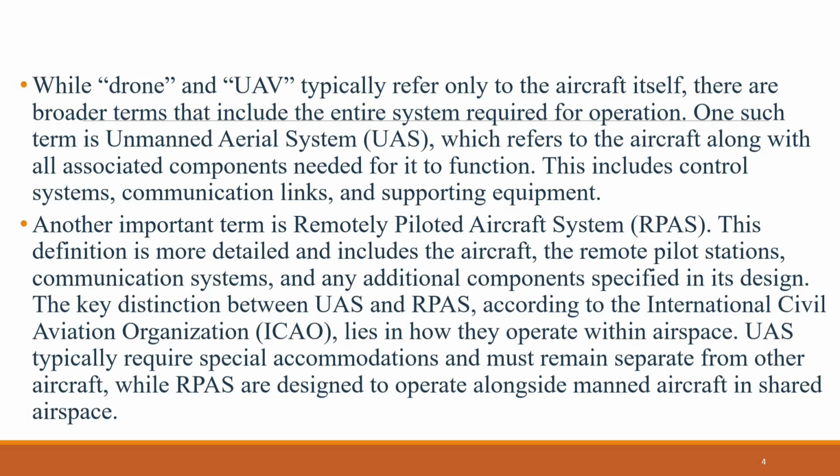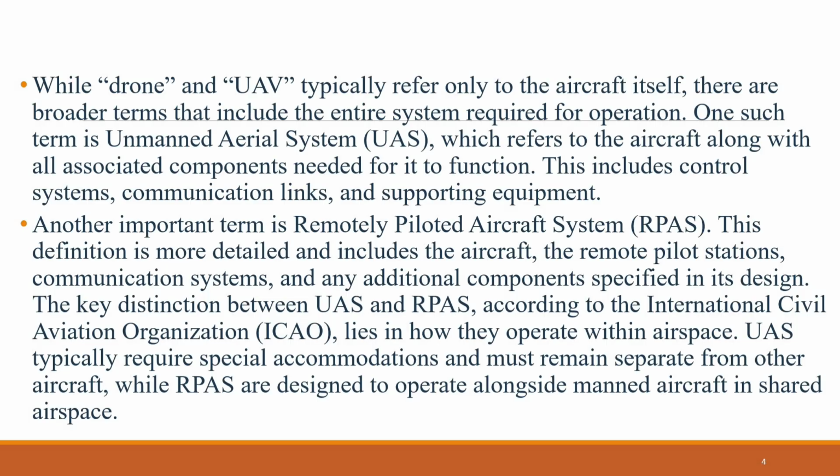Another important term is Remotely Piloted Aircraft System, RPAS. This definition is more detailed and includes the aircraft, the remote pilot stations, communication systems, and any additional components specified in its design. The key distinction between UAS and RPAS, according to the International Civil Aviation Organization, ICAO, lies in how they operate within airspace.